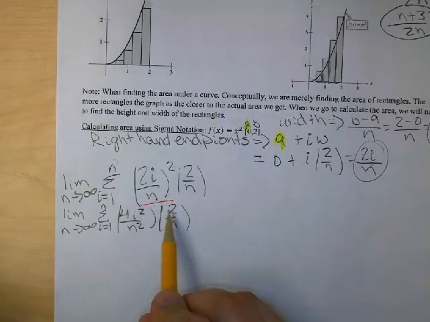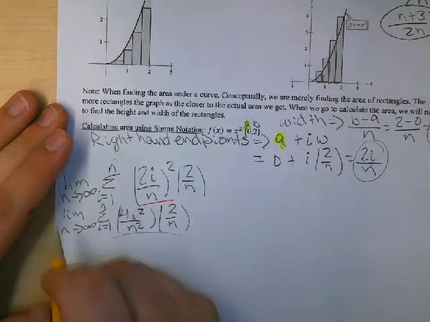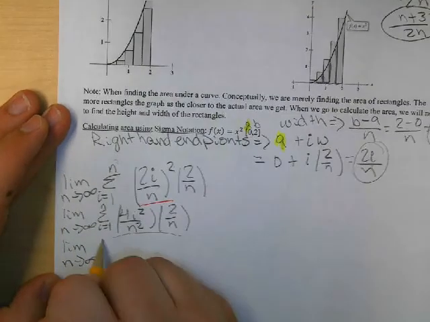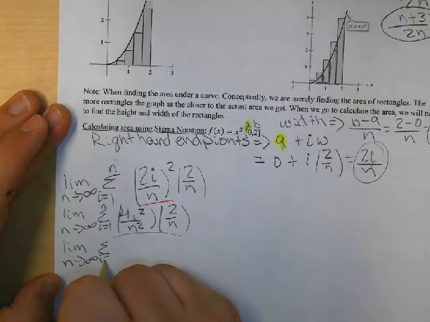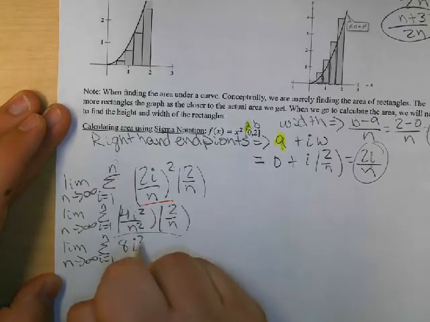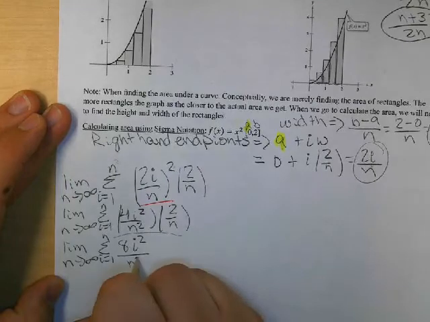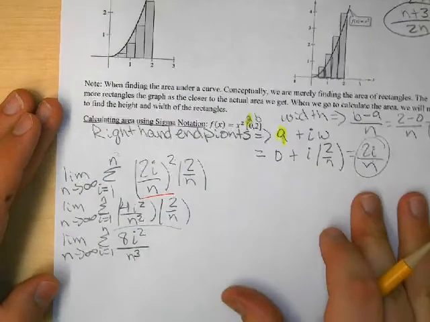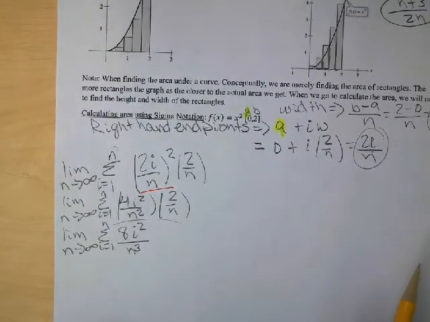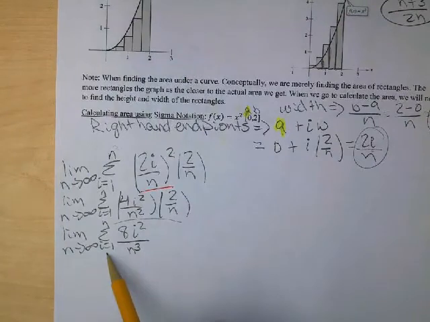Now I'm going to combine these two together. So that's the limit as n approaches infinity of the sum from I equals 1 to n of 8I squared over n cubed. Do you see that the I is only in the numerator?